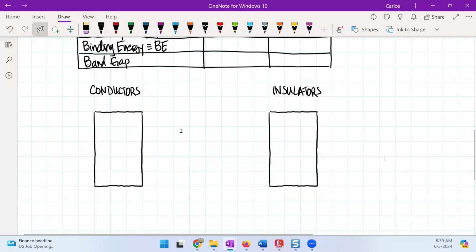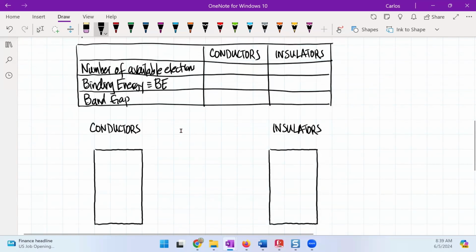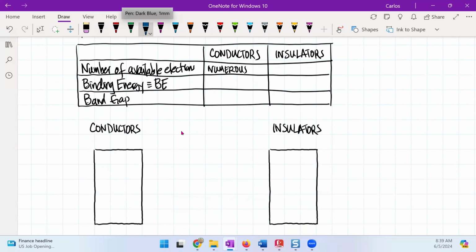When I look at the conductors, they have numerous electrons. So when I'm thinking about this, I imagine that I have a lot of electrons here. So let's say that this level right here. So in here, I imagine that I have a lot of electrons. And in fact, there's a name for these. This is called the sea of electrons.